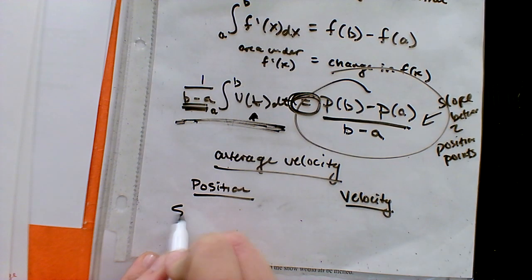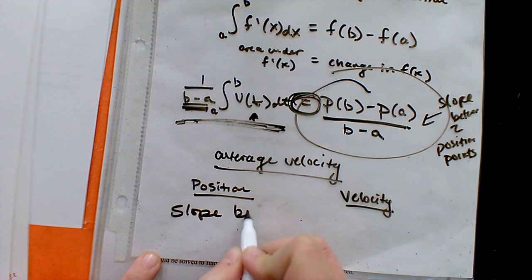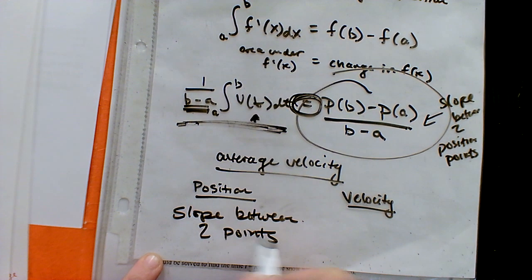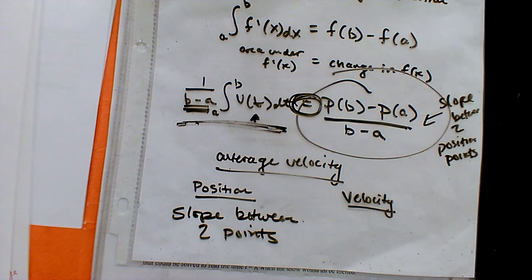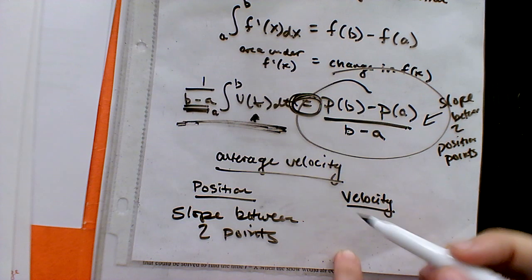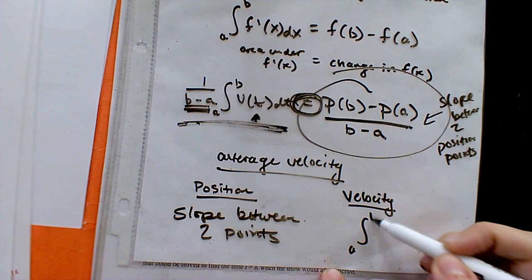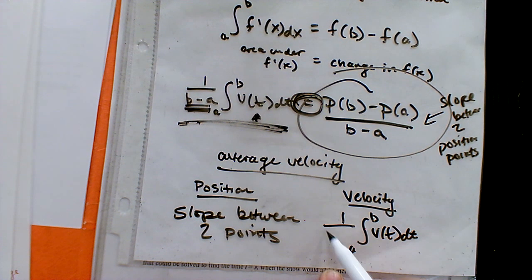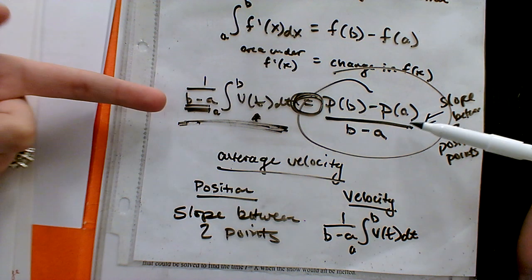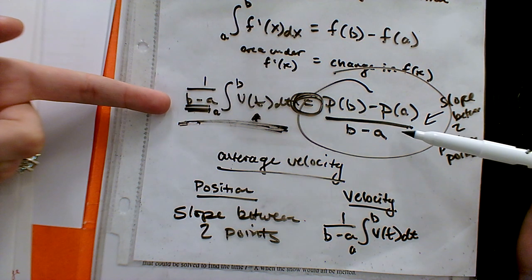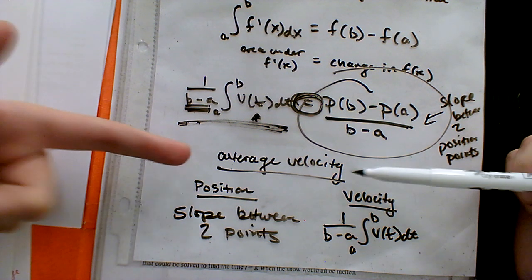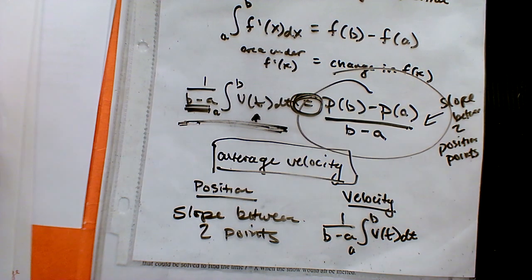So if we know position, we're going to find the slope between 2 points, okay, that beginning point and ending point. But if we know velocity, we're going to have to integrate velocity, but then divide by the difference of the bounds. Okay, they are producing the same output. It just depends on the math or the calculus that you use to help you get your value for average velocity.